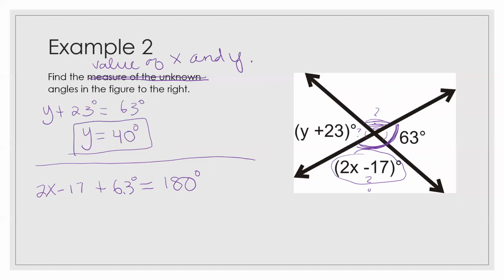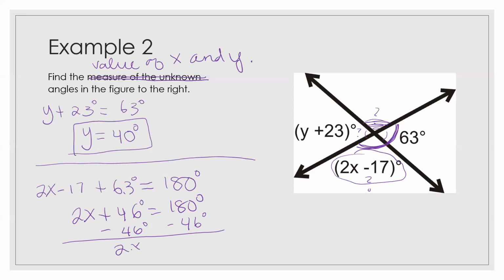So then to solve, you would combine like terms here. That's 2x plus, that would be 63 minus 17, that would be 46, equals 180. And you would go ahead and subtract 46 from both sides.